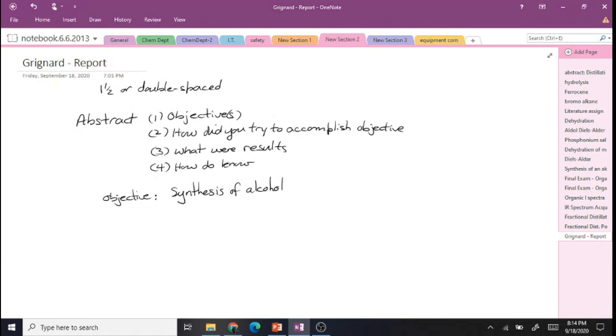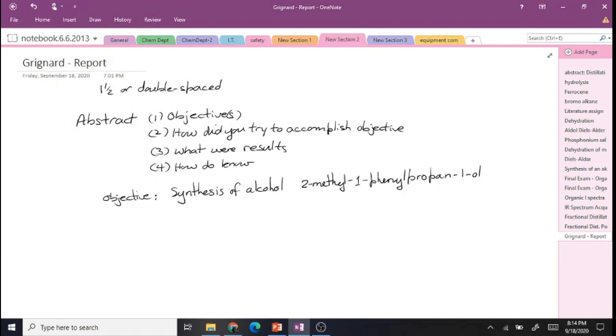You can't simply say synthesis of an alcohol. You would need to specify the specific alcohol. So if you were trying to make, for example, 2-methyl-1-phenylpropan-1-ol, you would need to write that out. You can't just say alcohol.